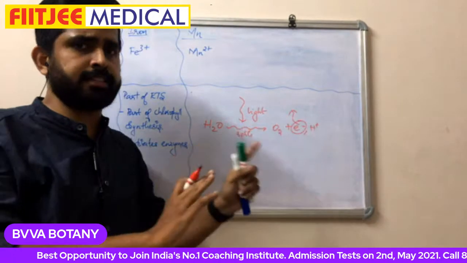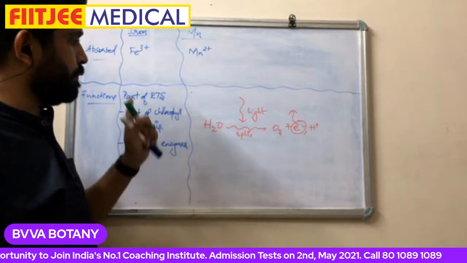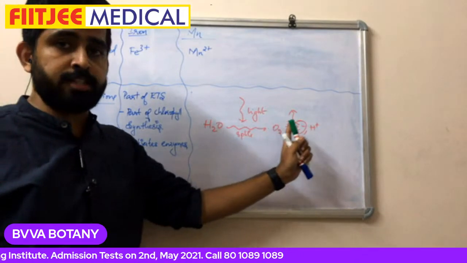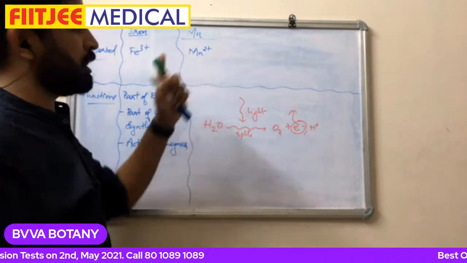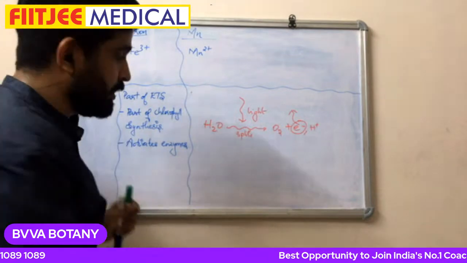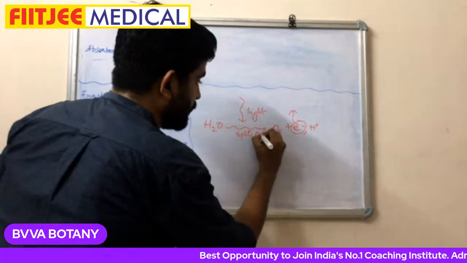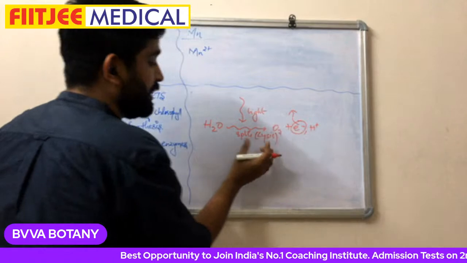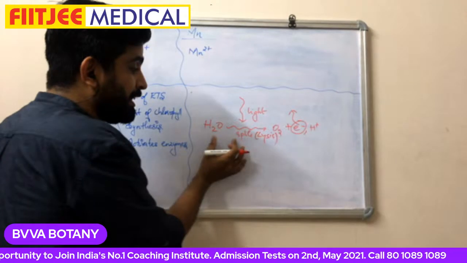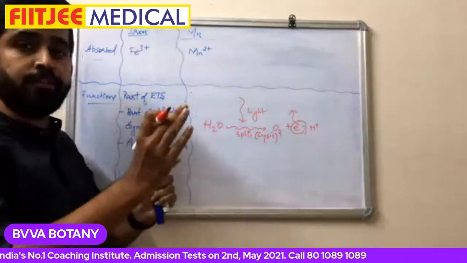We will come to this in the next class, photosynthesis in higher plants. For the splitting of water into oxygen, electrons and protons, an element is required known as manganese. Splitting has another word, lysis. Here the lysis of water is taking place in presence of light. For light we also use the term photo.